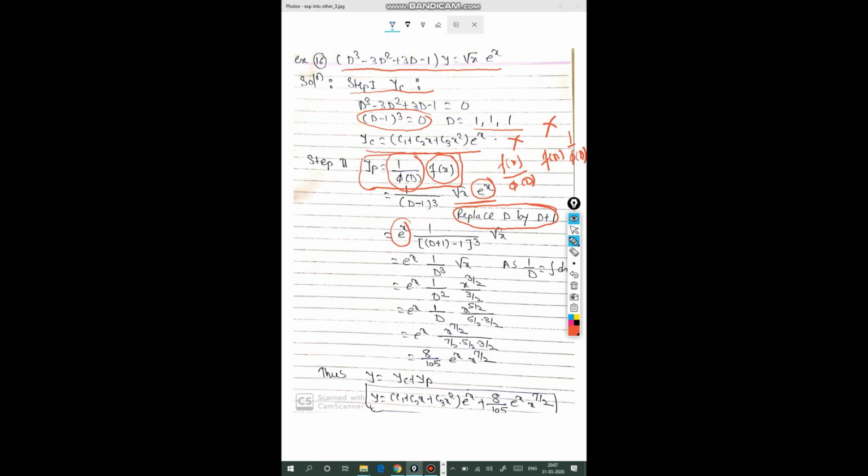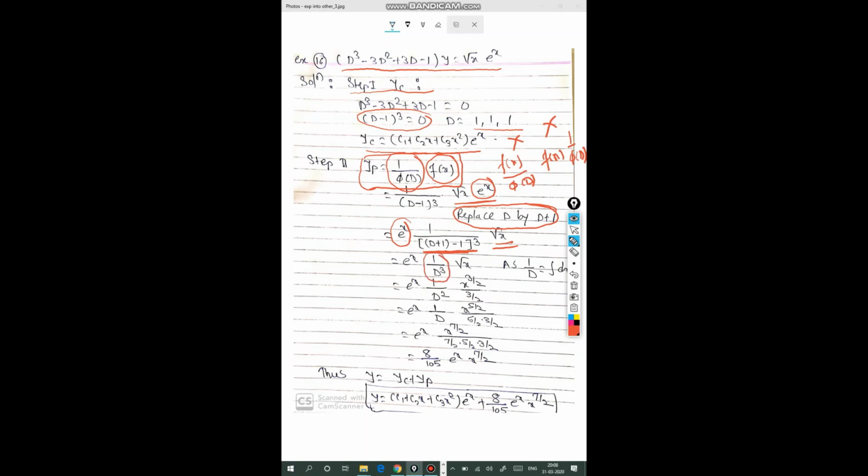Because of that we replace D by D plus 1. We write the exponential function before the operator, and root x is left as it is. The simplification of that bracket only remains 1 by D cube.